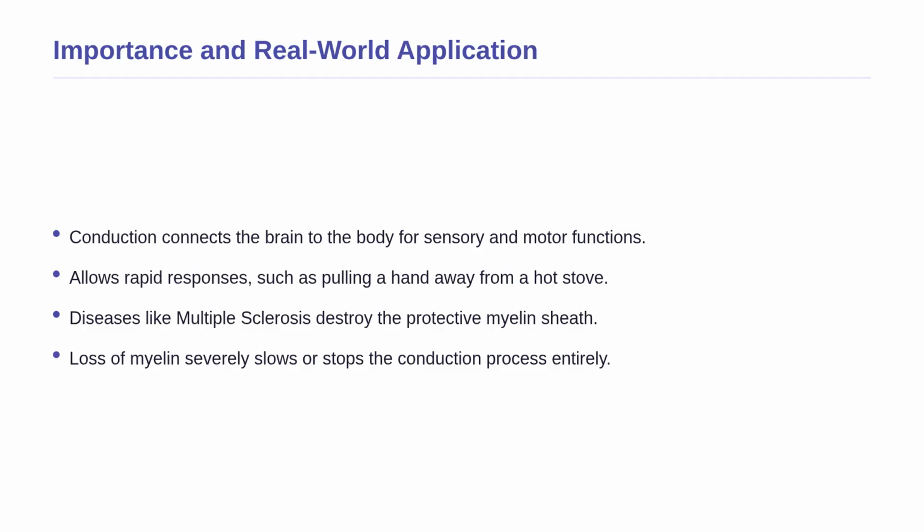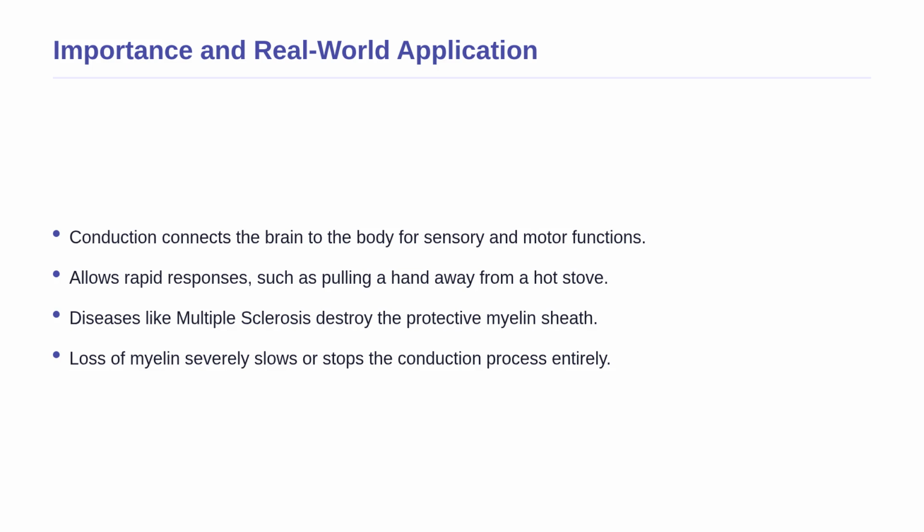Understanding how this signal travels naturally leads us to ask why this specific mechanism is so crucial for human survival. Without action potential conduction, your brain would be completely isolated from the rest of your body. You would be unable to send commands or receive sensory information. For example, if you accidentally touch a burning hot stove, this conduction is what allows the pain signal to reach your brain and the movement signal to reach your arm muscles in a fraction of a second.